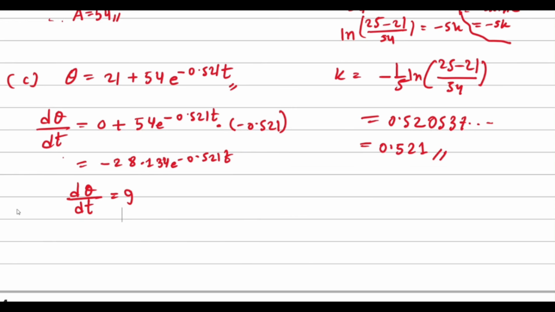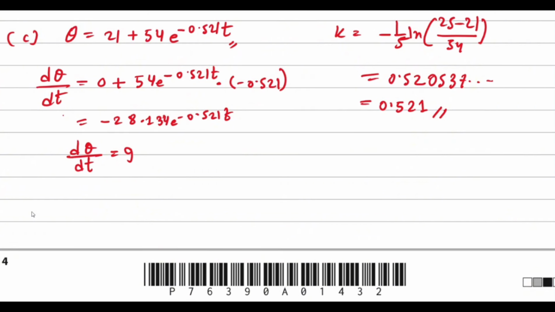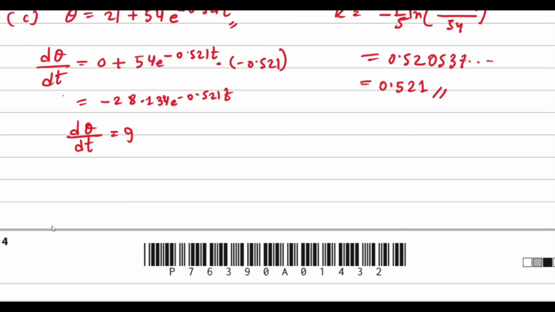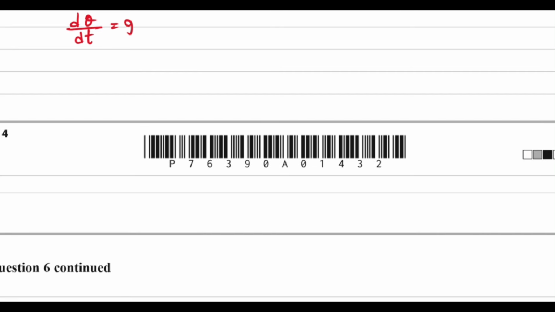And if we solve this equation, we will find the time for which the value of this would equal 9. So we can write minus 28.134 e to the power of minus 0.521 t is equal to 9. Further simplification will give us e to the power of minus 0.521 t is equal to 9 divided by minus 28.134.